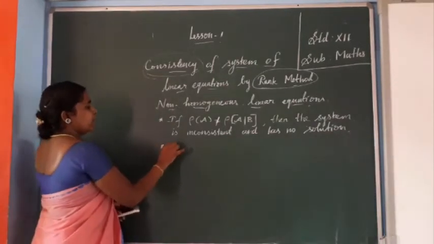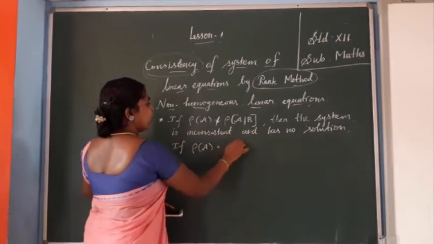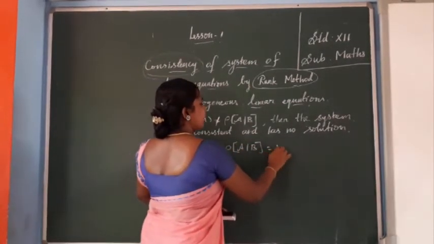For this type, we won't get a solution. Are you clear? Next one is if rank of A equal to rank of AB equal to number of unknowns.